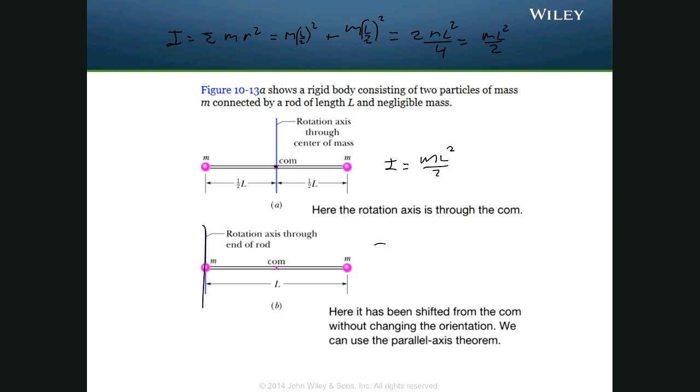I equals m times 0 squared, so that'll be 0, plus m times L squared. So that's just going to be equal to m L squared. Okay? So, do both those make sense from the point particle expression?